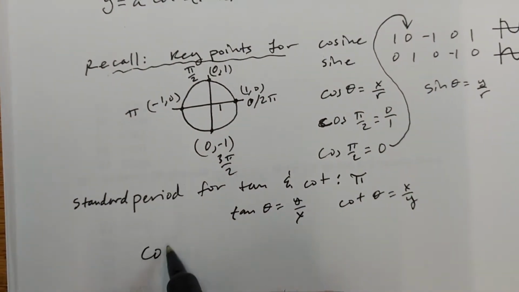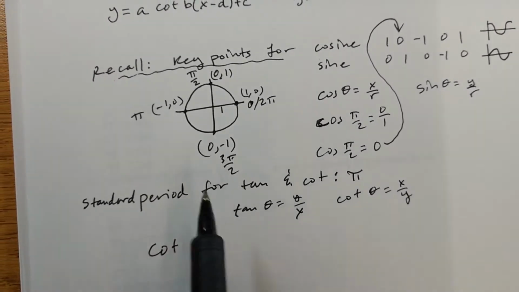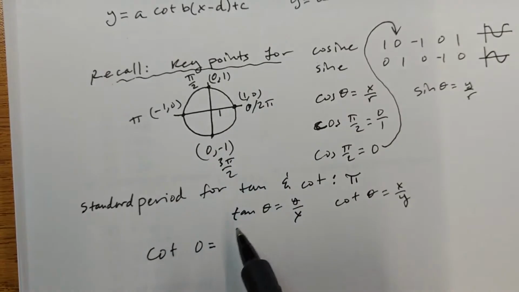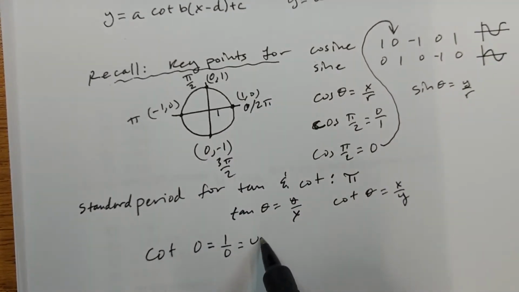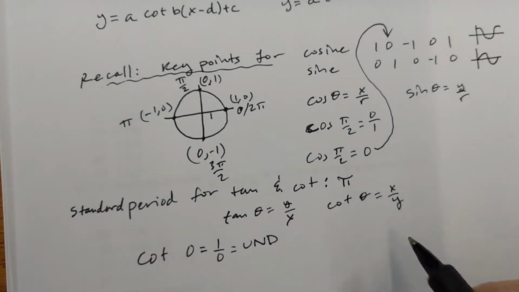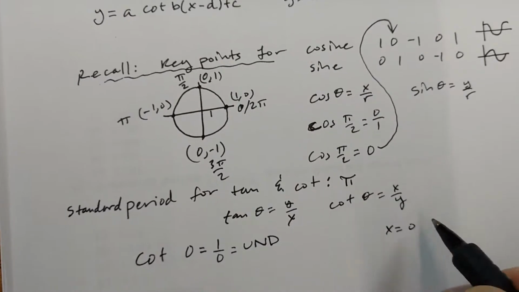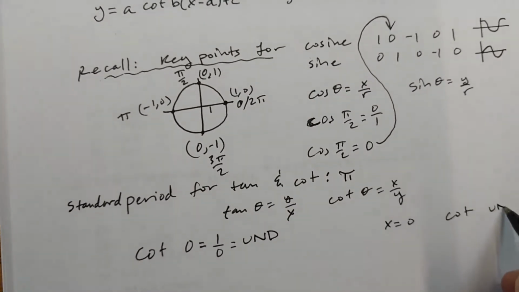The cotangent of 0 will be the x value, which is 1, divided by 0, which is undefined. So when our x value is 0, our cotangent function is undefined.